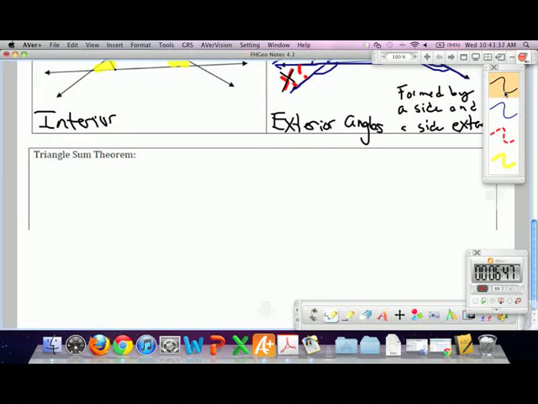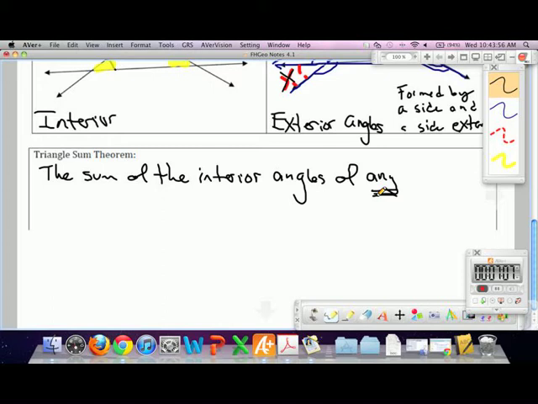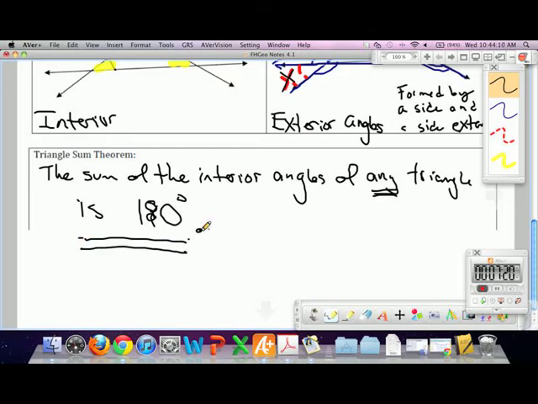The triangle sum theorem says simply that the sum of the interior angles of any triangle is simply 180 degrees. If you add up the interior angles of any triangle whatsoever, you will always get an angle sum of exactly 180 degrees.